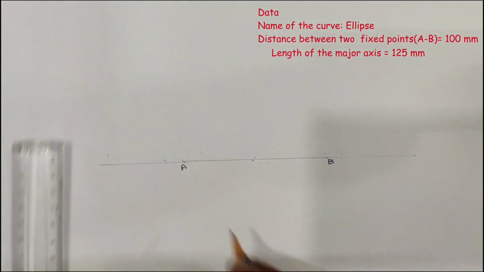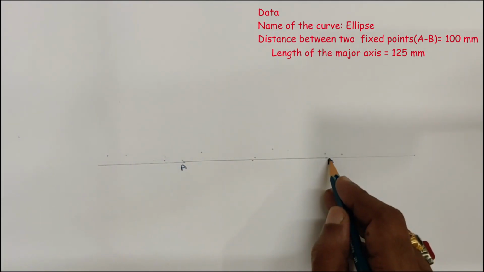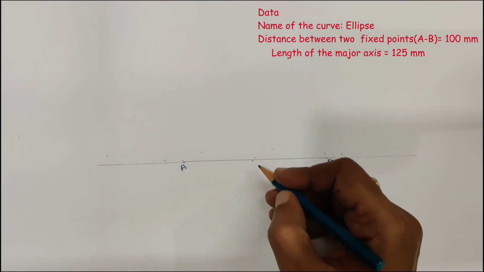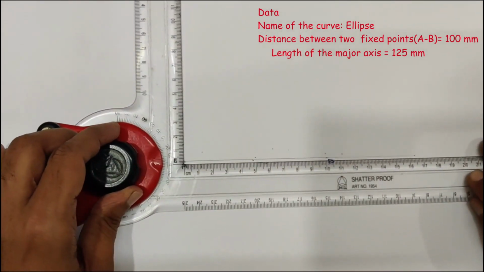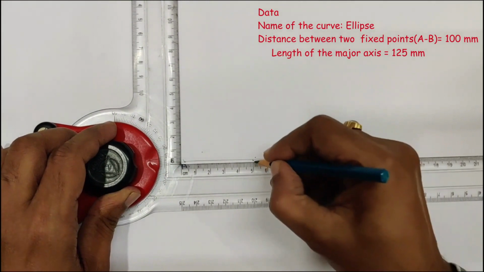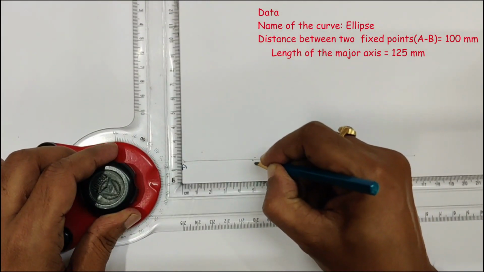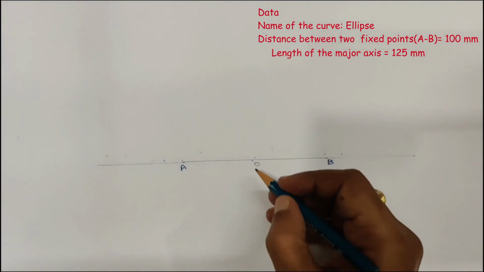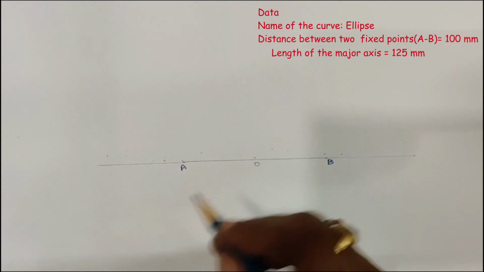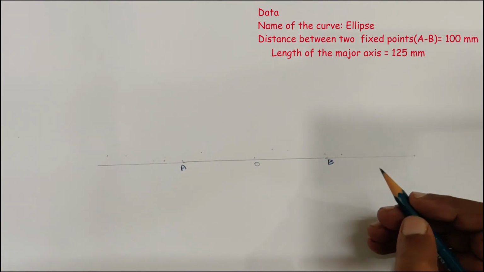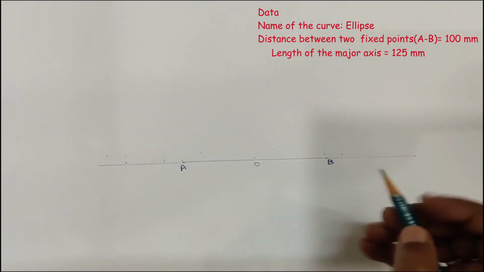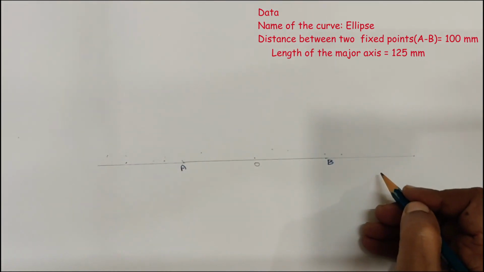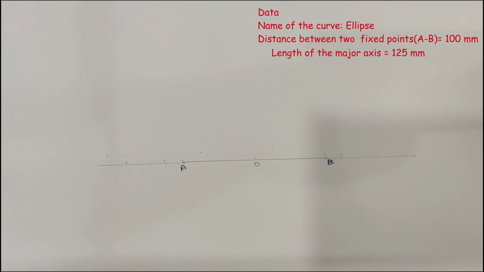After that, locate the midpoint of AB and name that point as O. After that, with O as a center and half of the major axis as a radius, draw an arc in the leftward direction on this line as well as the rightward direction, in order to locate the two ends of the major axis.